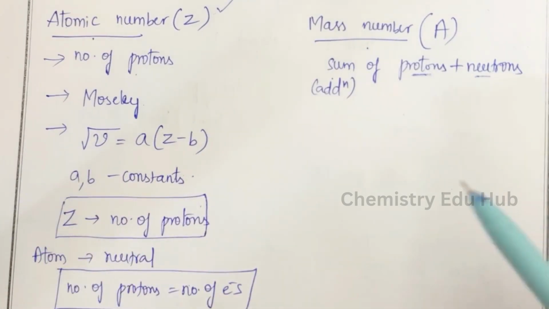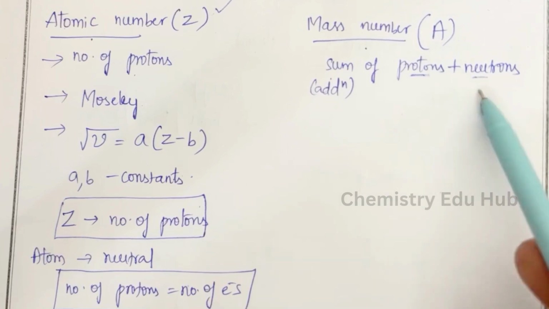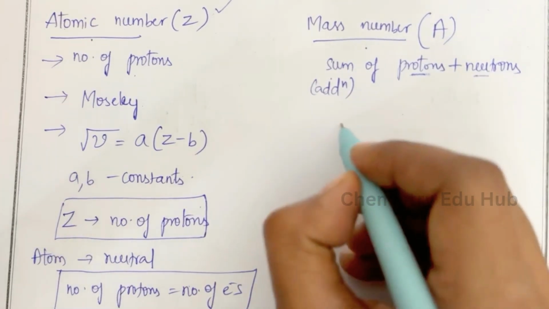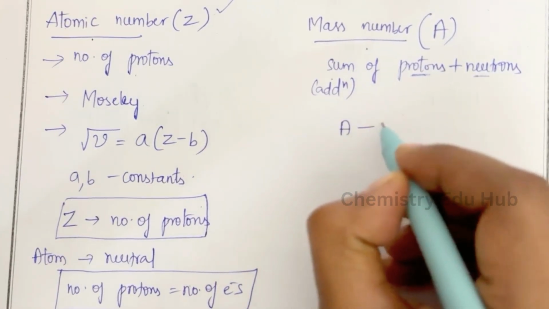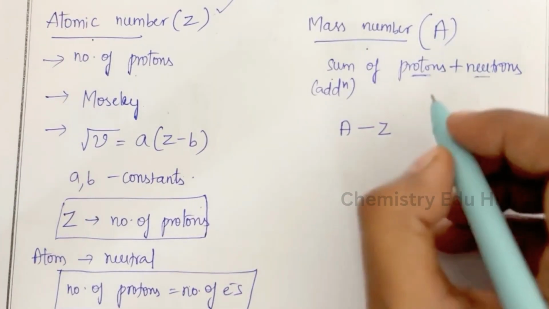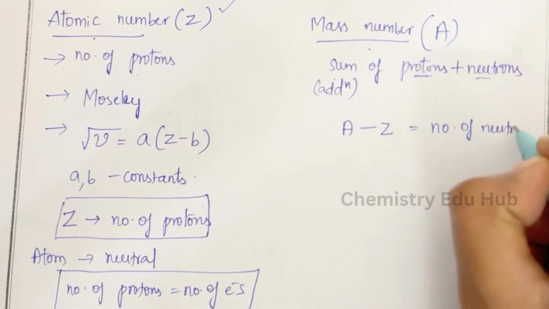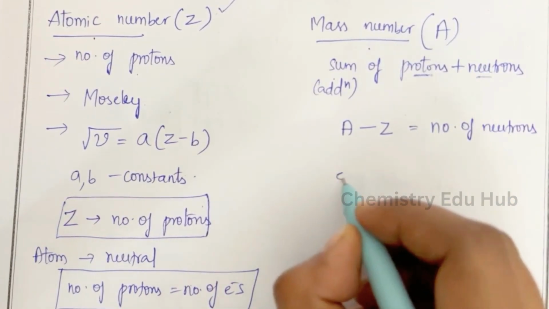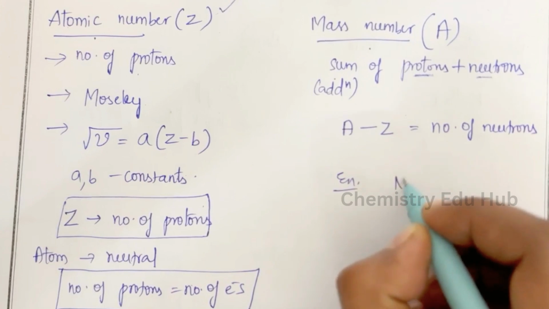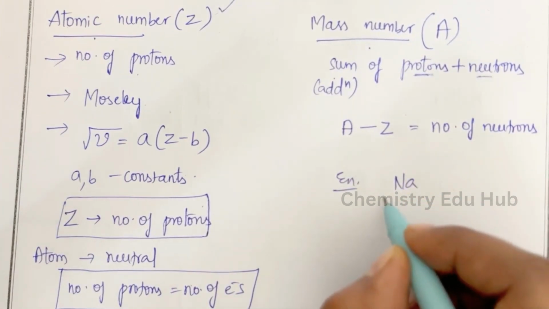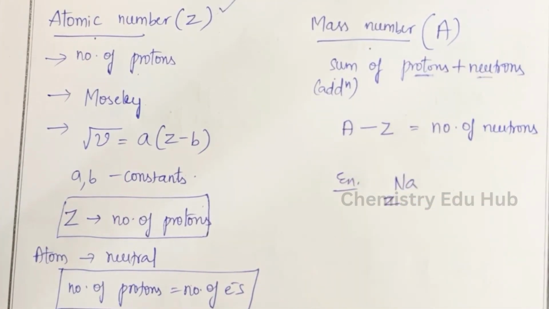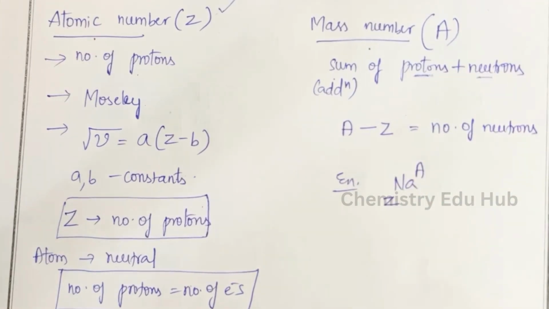Now how do we calculate the mass number? We take the sum of protons plus neutrons, and if you subtract the atomic number from the mass number, you get the number of neutrons. For example, consider the element sodium. Its atomic number Z is represented at the bottom and mass number A at the top.